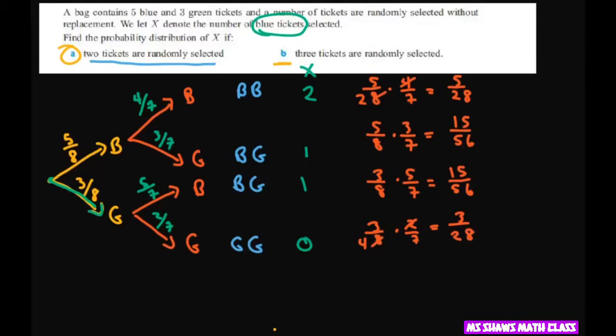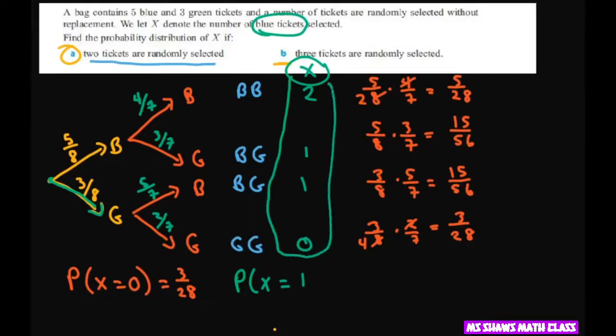For your probability distribution, you would write the probability X equals 0 equals 3 divided by 28. The probability of X equals 1, this is what we're looking at, this column here.